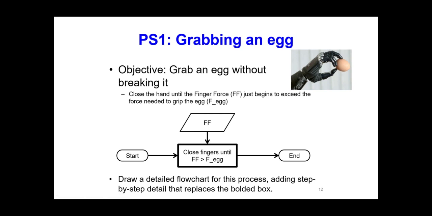And so a couple things to keep in mind is, first, this is where it keeps getting the finger force. It's going to be continually updated with the current finger force, and that is happening until you reach this threshold. And so you're going to code in or add to your flowchart the things that would replace what's in this bolded box right here. You're going to draw a detailed flowchart for this process.